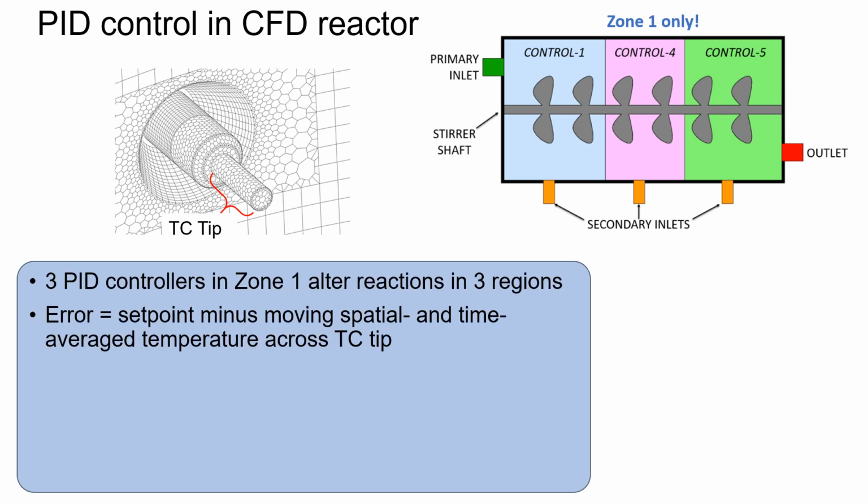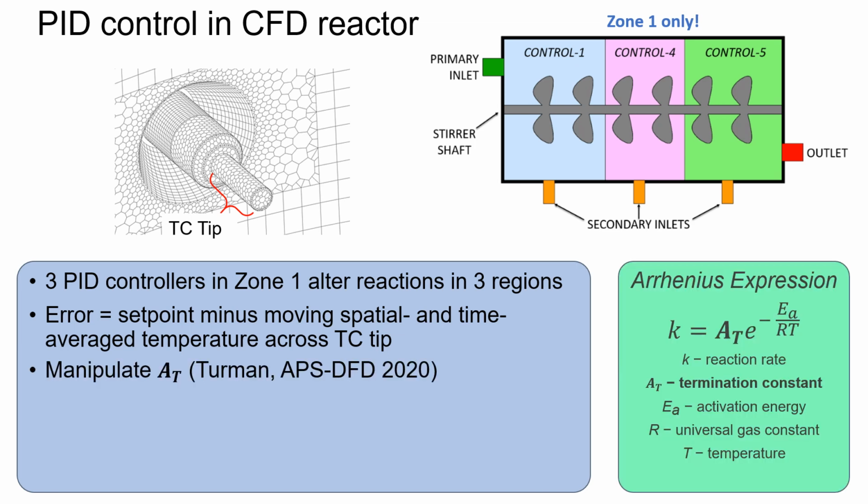And how this works is these 3 controllers, they alter reaction rates in these 3 regions, and the purpose is to address this error issue, which means the set point of that thermocouple minus the spatial and time average temperature across that tip. Then based on that information, we manipulate the chemistry.